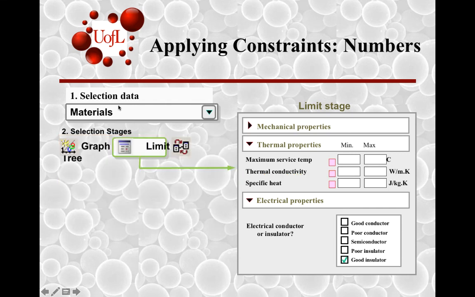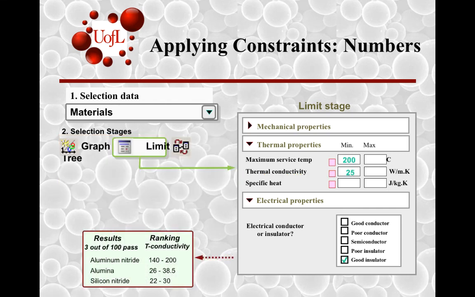If in addition you want to limit it by addressing the fact that you want a thermal conductivity over a certain number, a service temperature over a certain number, or below a certain number, and if you want it to be an electrical insulator, then you get rid of, for instance, the glasses, the polymers based on this constraint, and you get rid of metals based on this constraint.